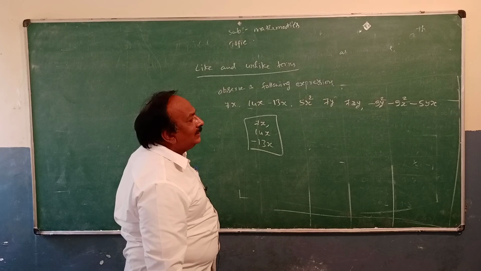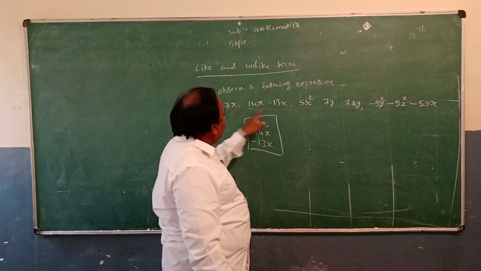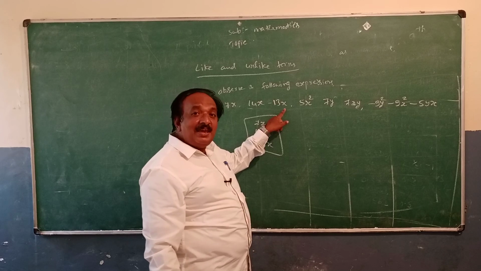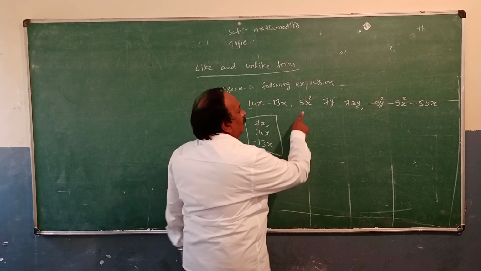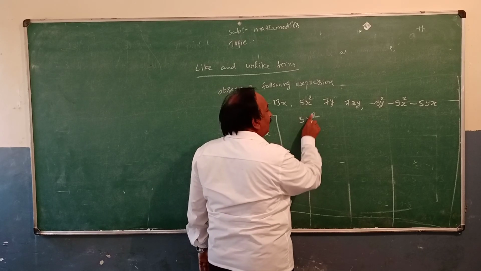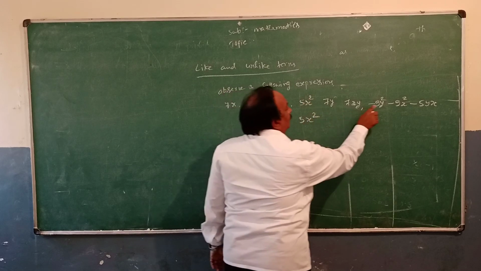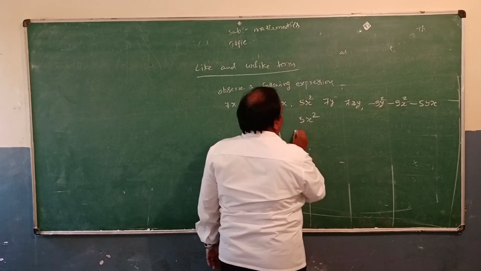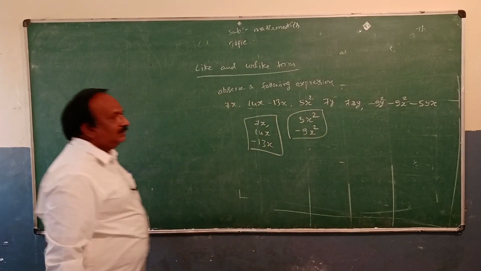Why do we treat them as like terms, students? Because the variable is the same and the degree is 1. Now coming to 5x square. The variable is x, and the degree means the power, that is 2. Then minus 9x square. These two are called like terms.